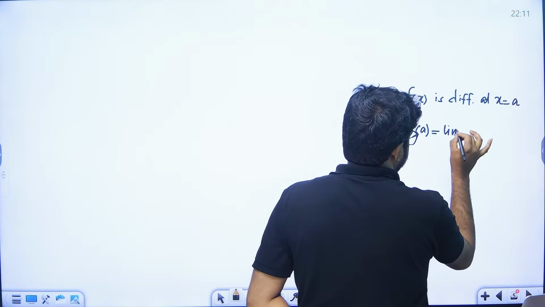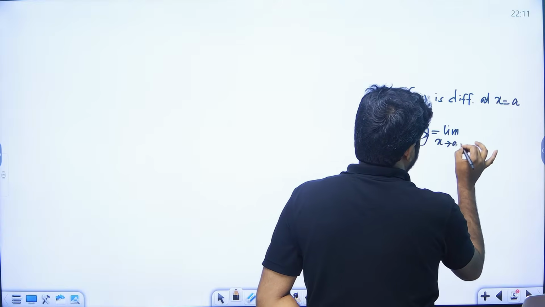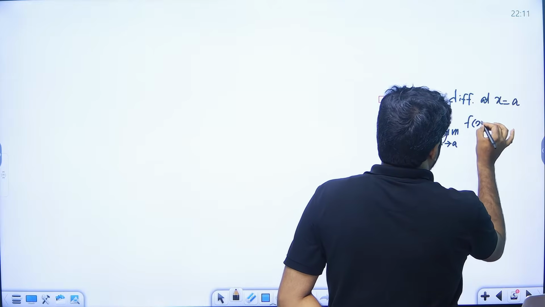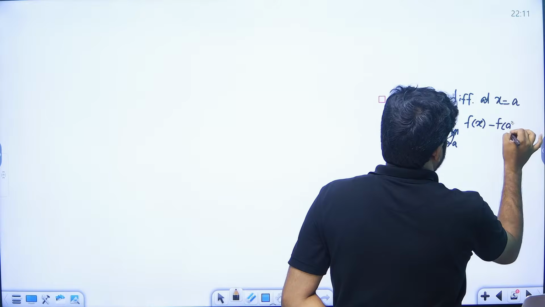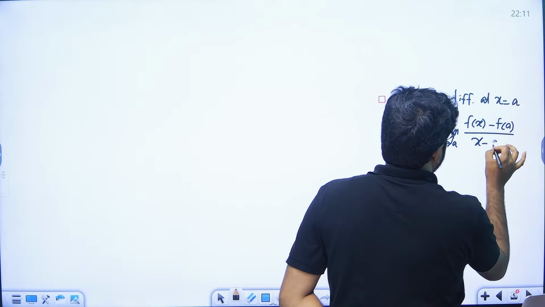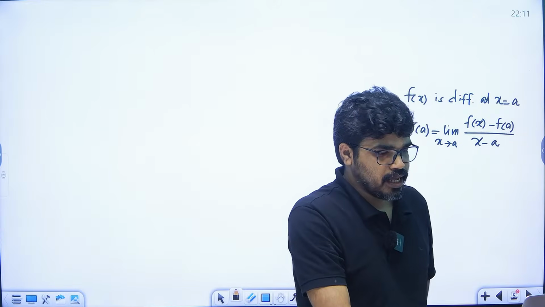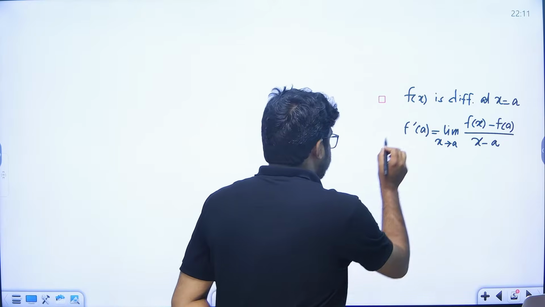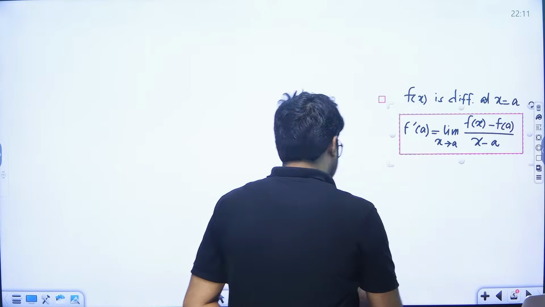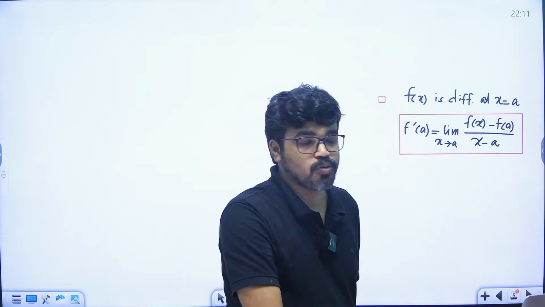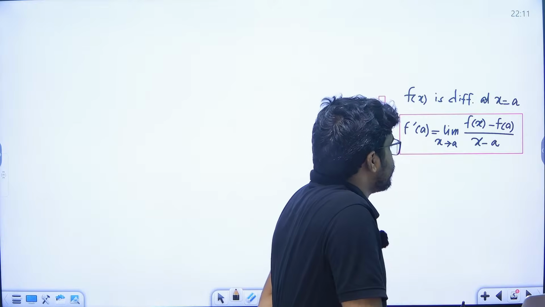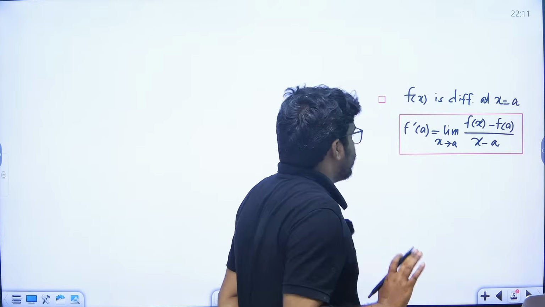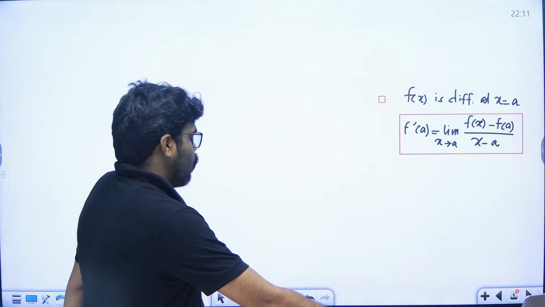f dash a is basically limit x tending to a of f(x) minus f(a) divided by x minus a. Clear?